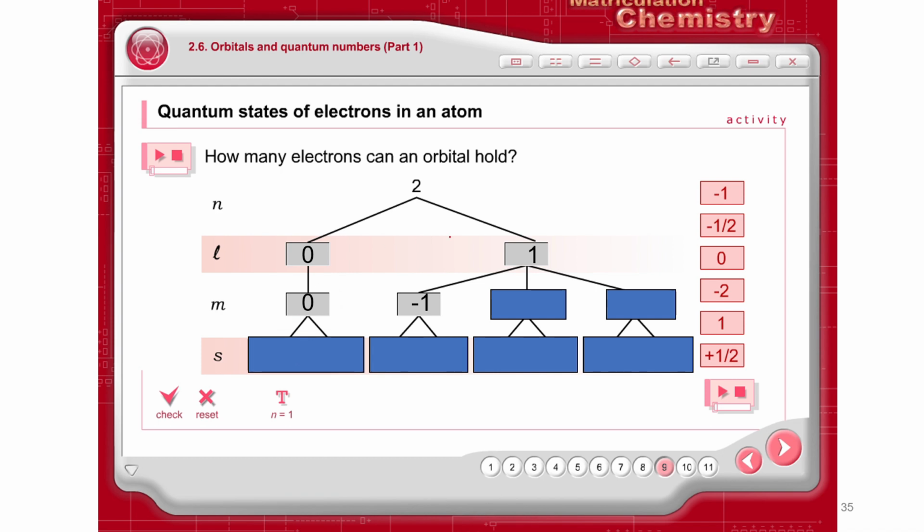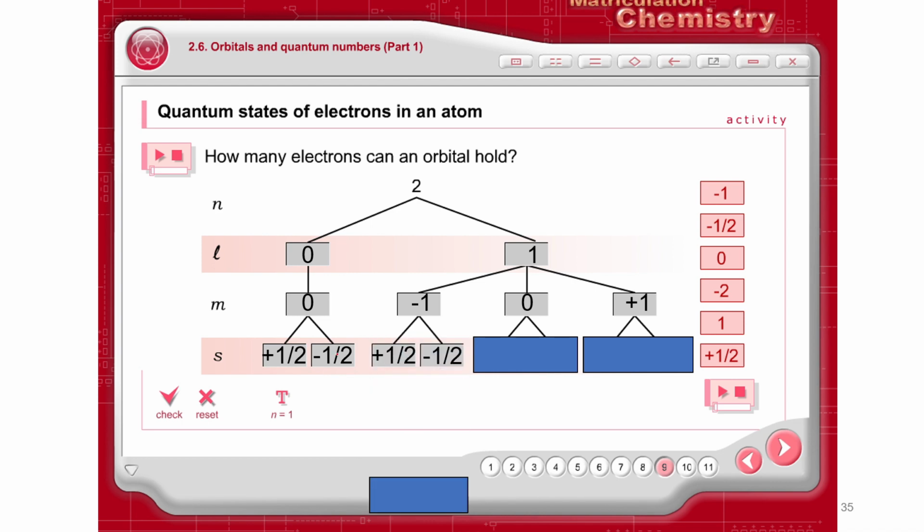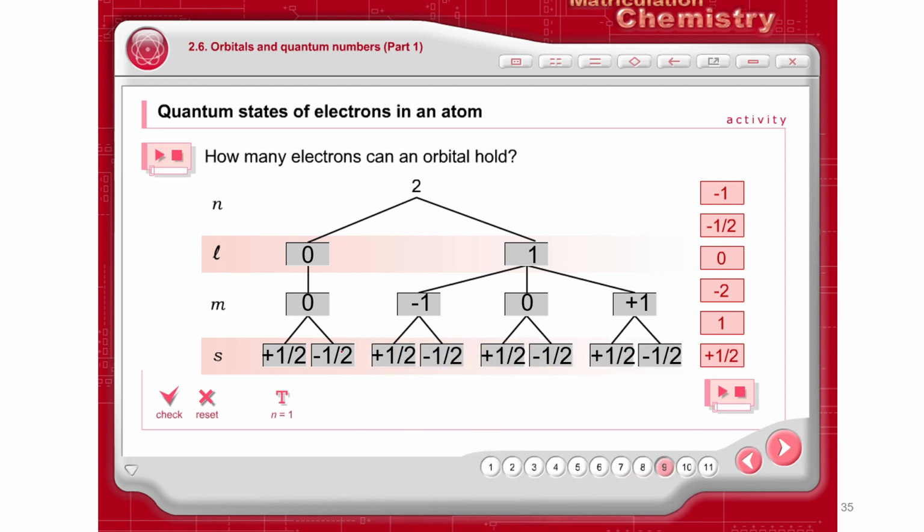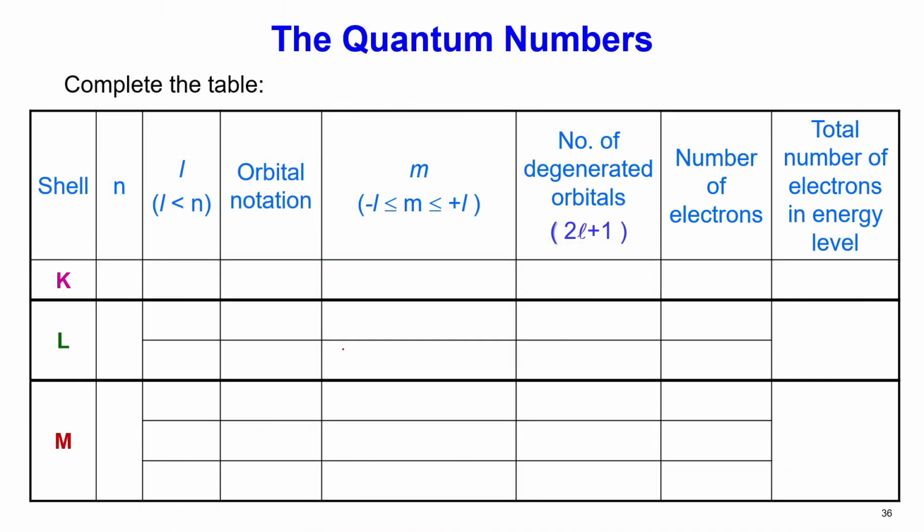So kalau untuk 2, okay, L is equal to 1. Jadi magnetic kita is negative 1, 0, positive 1. So spin cuma berapa? Plus minus half, plus minus half, plus minus half. Okay. Alright. Next. So complete the table.